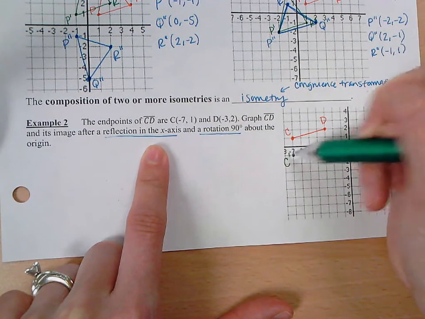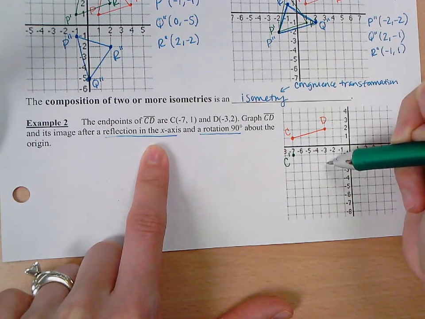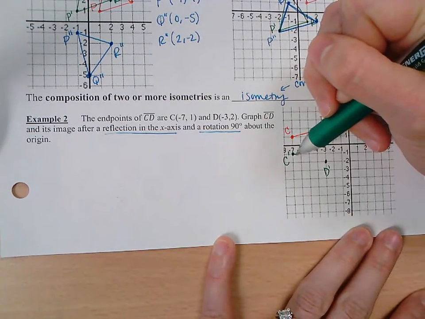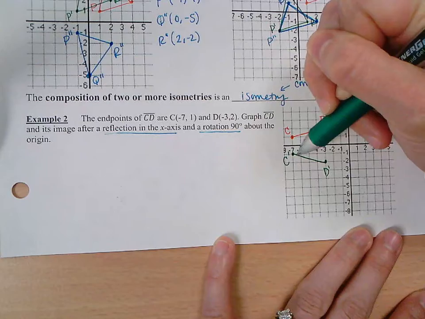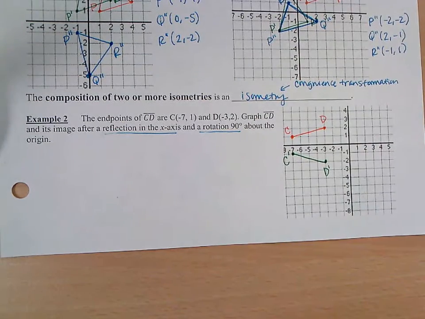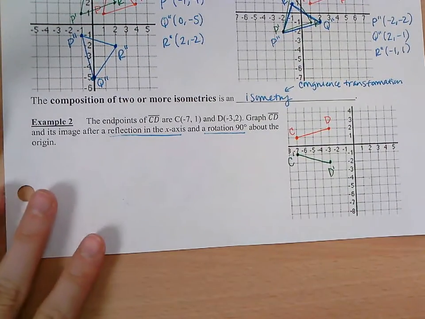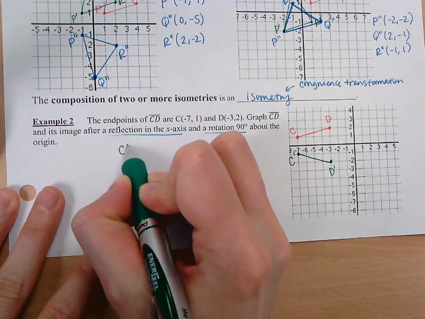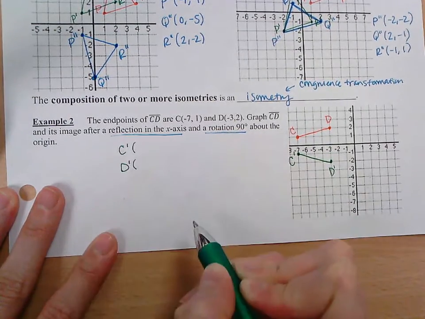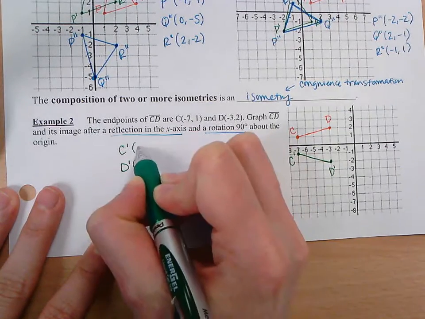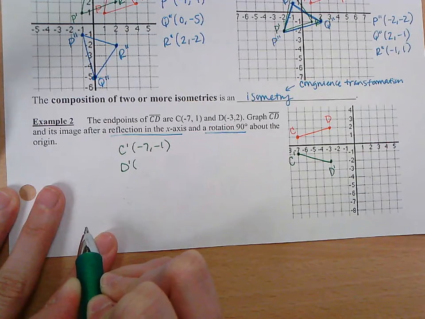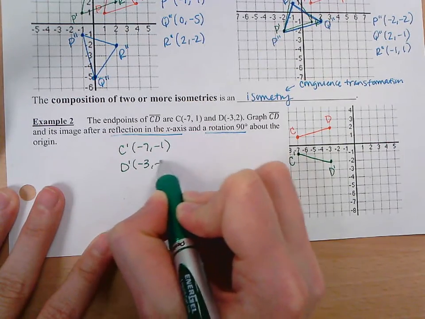So this would be C prime. This is D prime. And again, it might be helpful. I'm going to write down what C prime and D prime are. So C prime now is -7, -1, and D prime is -3, -2.